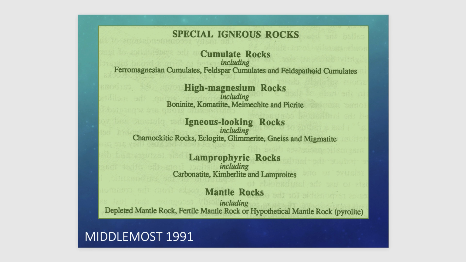The last group is represented by mantle rocks. So we will see also processes that look at, let's say, metasomatism of the mantle, and the processes that involve partial melting of the mantle.